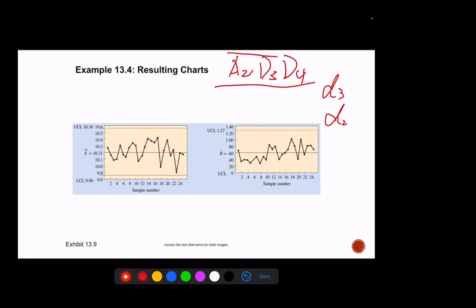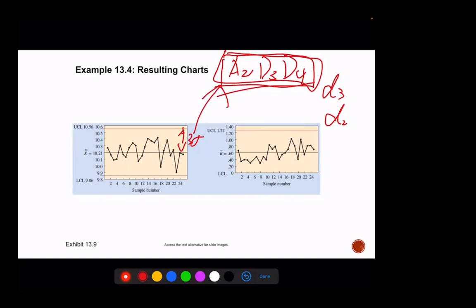A2, D3, D4 also represent the confidence level. If we involve these numbers in our calculations, it means, again, this is 3 sigma. So with 3 sigma, we apply the big A2, D3, D4 and use those formulas to calculate the X bar charts and R charts.